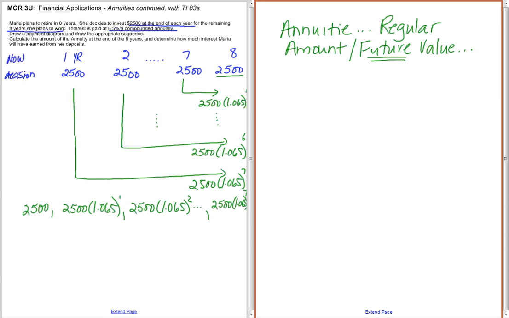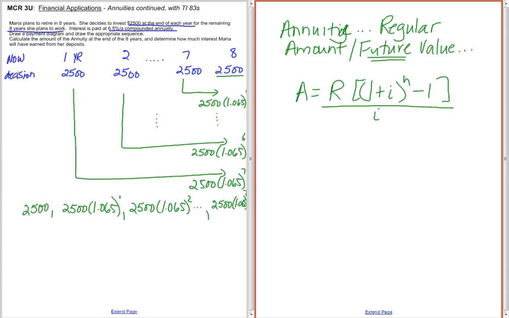We want to find the amount, so our formula will be 1 plus i to the n, subtract 1. They're so similar, you just need to be careful. Annuity singular. There we are.